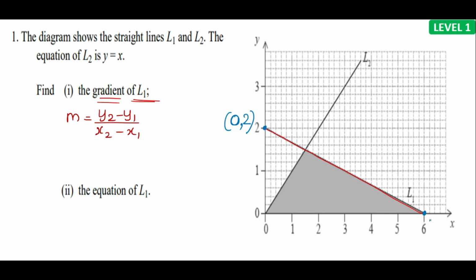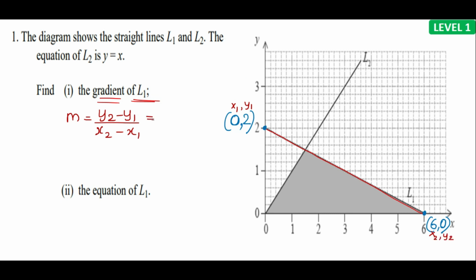From this side, here a point on the x-axis, we know the value for x is 6 and the y coordinate will be 0. So you have the 2 points identified, marking them as x1, y1. This is going to be x2, y2.